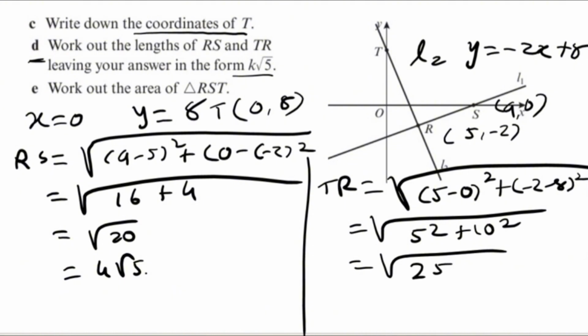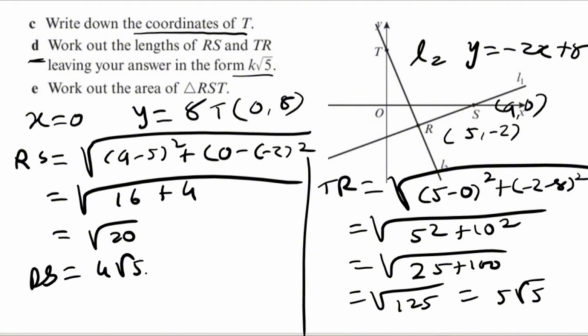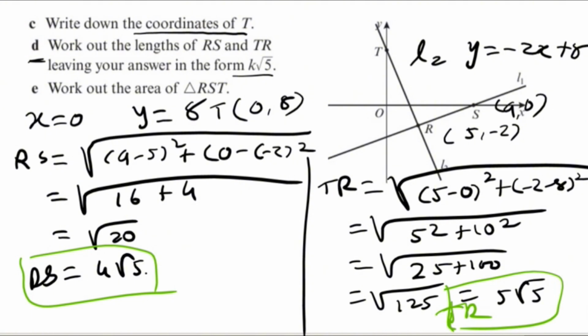So 25 plus 100, which is 125. And when you write in k root 5 form, you can write it as 5 root 5. So this is the RS value and this one is the TR value. So this is the length.